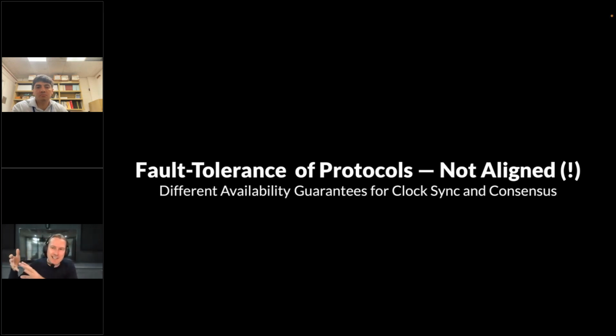And so is consensus. But the fault tolerance of these protocols is not aligned exactly. It's not exactly the same. They handle network partitions slightly differently. So you get different availability guarantees for clock sync and consensus. And that's fine if your consensus goes down, because if your consensus goes down, your business logic is not processing, and the reason that you needed clock sync in the first place is moot.